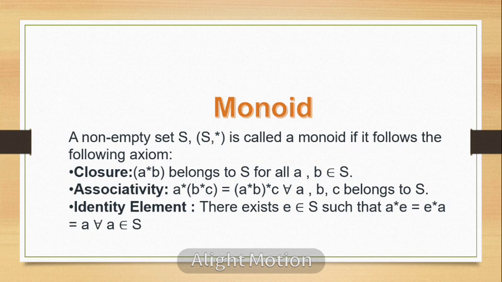That is, there exists E belonging to S such that A star E is equal to E star A is equal to A for all A belonging to S. That is, it means that there exists an element E such that if we operate that E with any element, it will return the element itself.